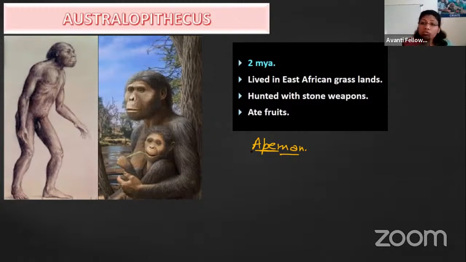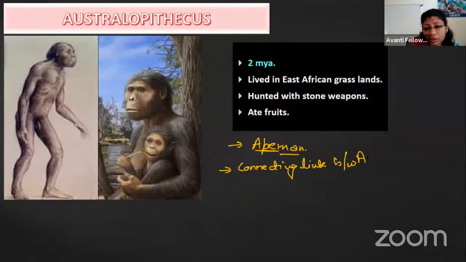But if we go for the man, their body structure, their walking, they were all resembling the features of man. So we can say they were the connecting link between ape and man.